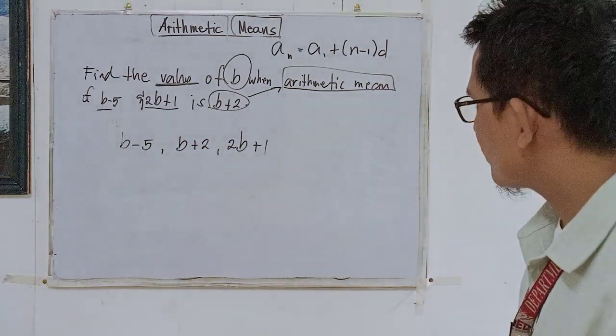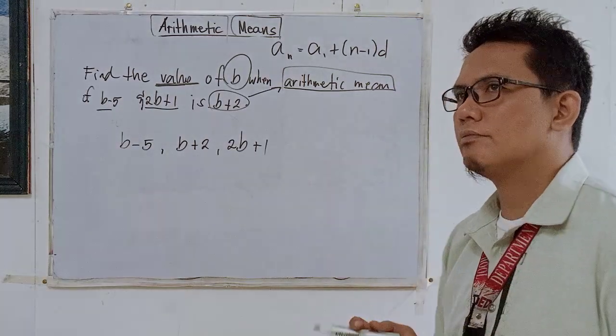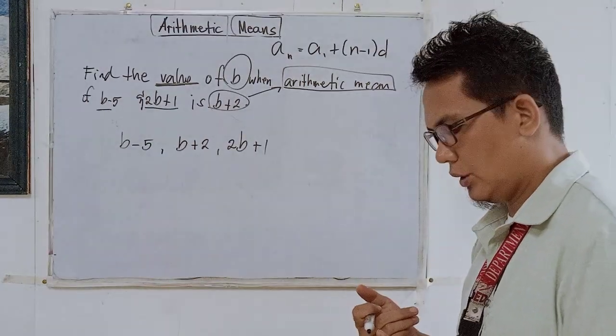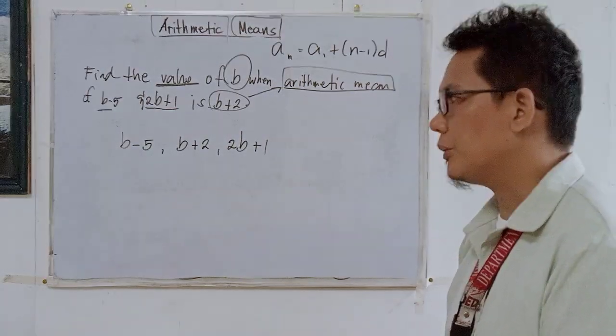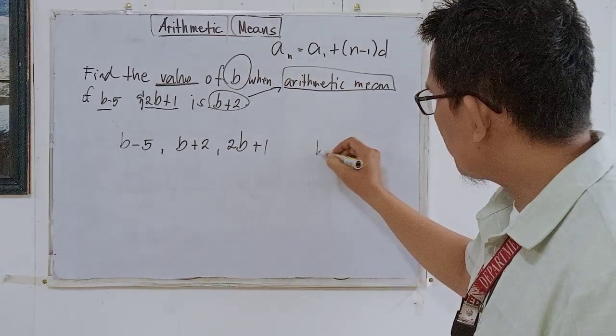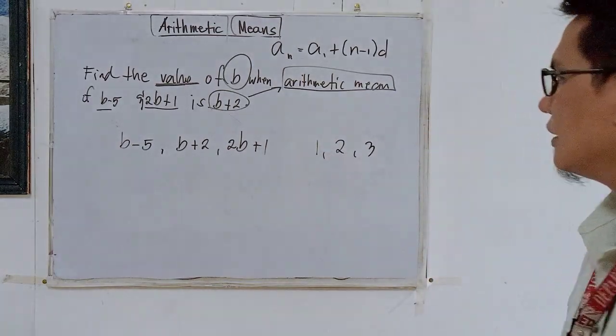Okay? So, let us try to put an easier example or easier comparison in order for us to solve for the value of b. Let us go to the numbers 1, 2, and 3. Okay?